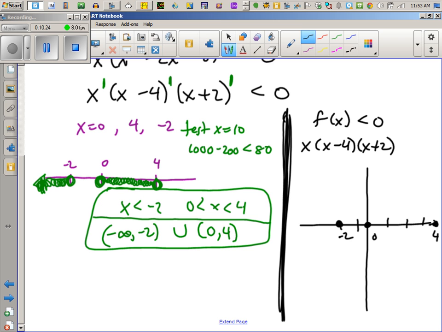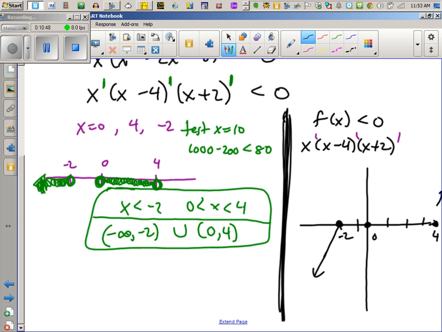Oh, thank you. I need to move my projector a little bit. Cubics have the end behavior like this. Remember with your arms? So you have one arm down, one arm up, and the leading term is a positive x cubed. So left arm down, right arm up. So you already know that the general shape is like this. And these are all multiplicity 1, which makes them all crossing points.